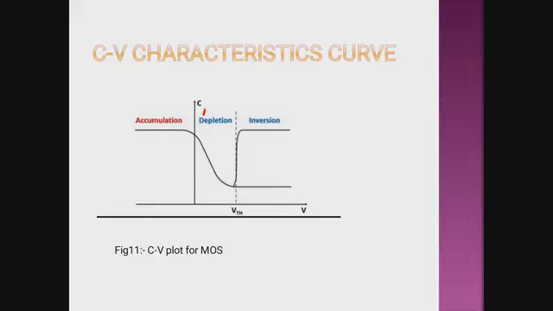So when V_G is less than 0, or you can also say V_G is less than the flat band voltage, the effective capacitance C_OX is basically happening across the accumulation region. This is the accumulation region.